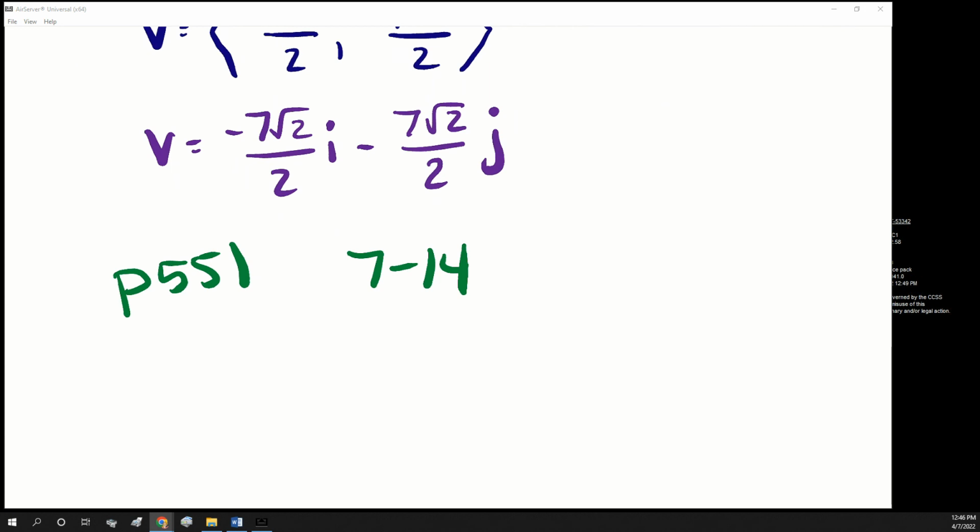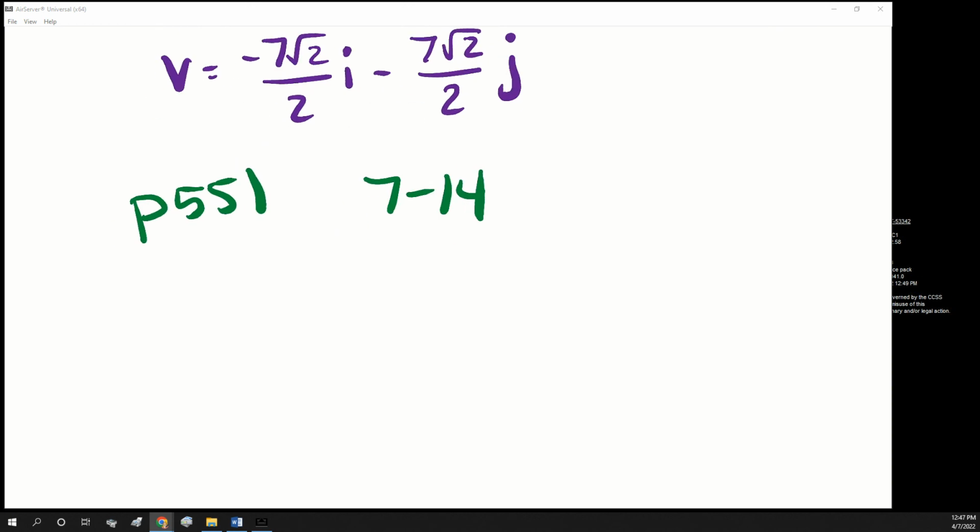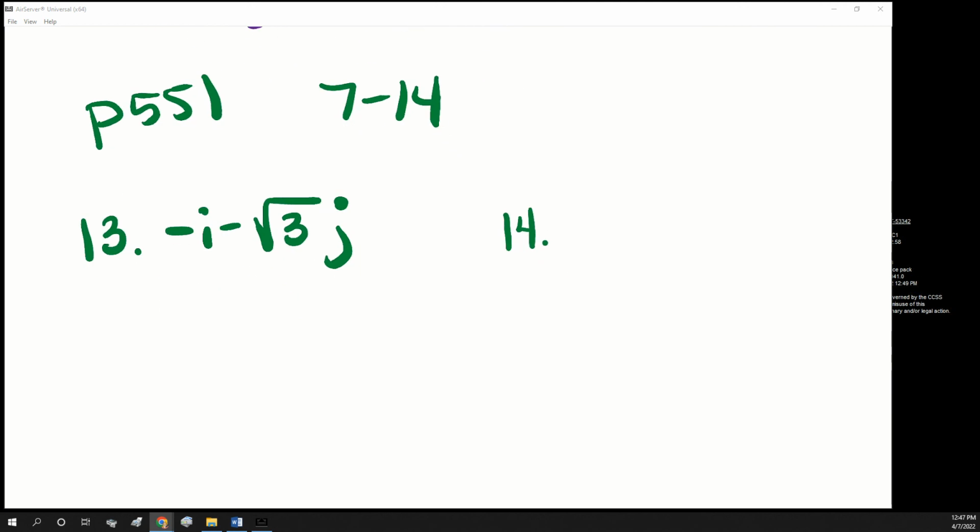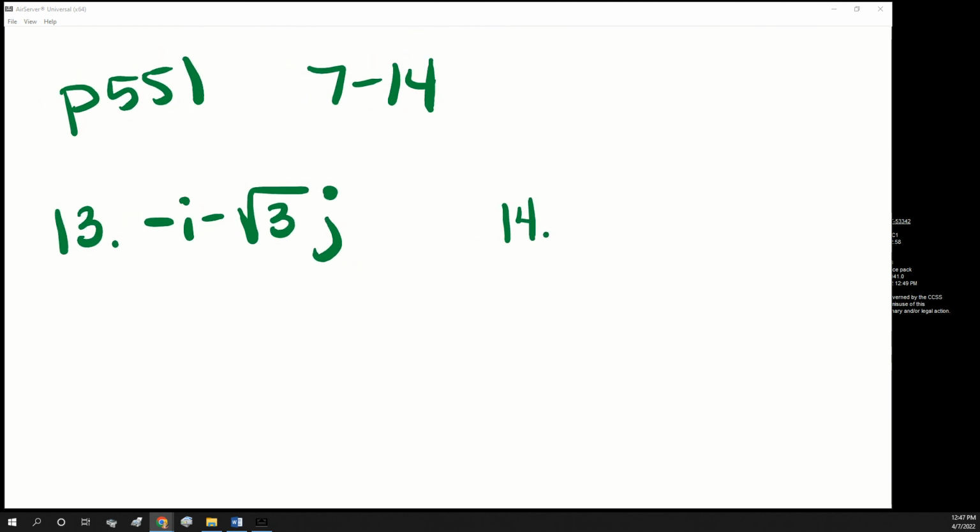I went ahead and changed it on the ones for people who hadn't already received it yet, but I made these copies before I looked closely at the problems. So if you had your paper from yesterday, I want you to change number 13 to negative i minus square root of 3 j. And then 14, 5i minus 5j.